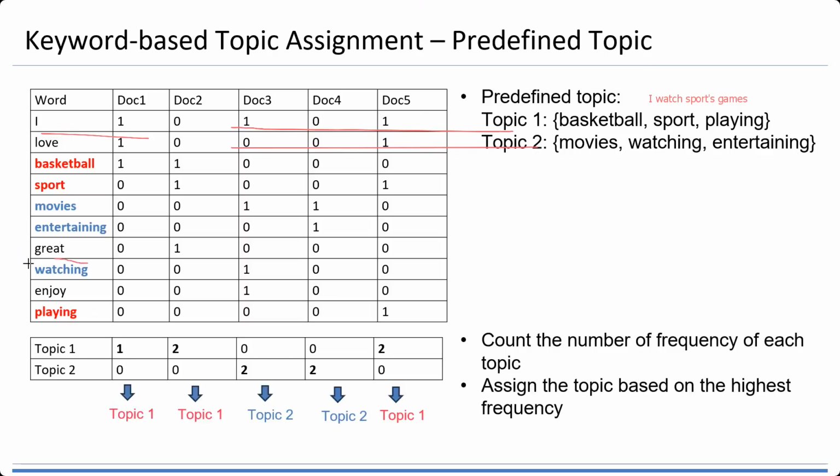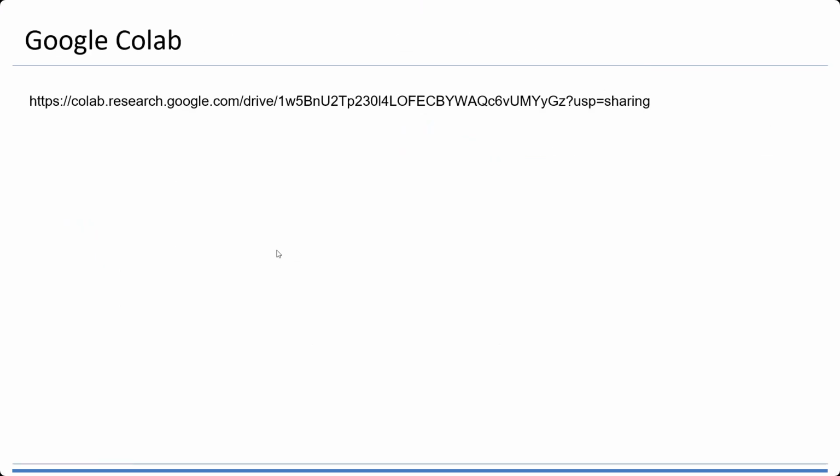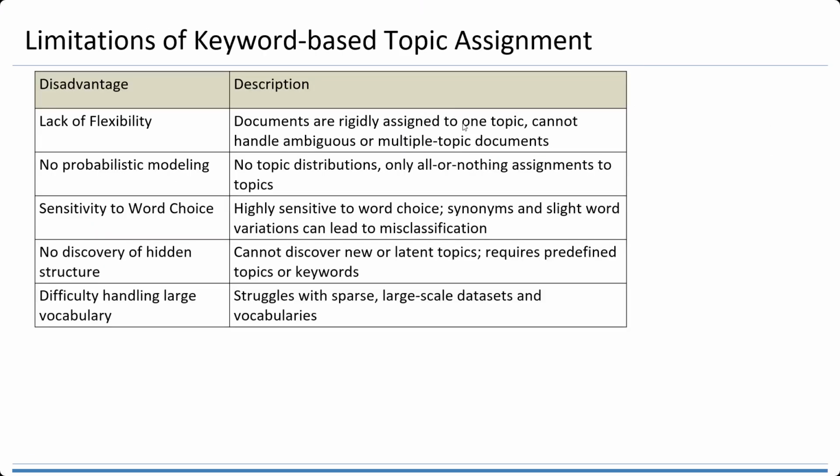The word watch is in topic two, and sports is in topic one. Those two words appear at the same time, so we have the same frequency. In this case, using the frequency itself is sometimes ambiguous.